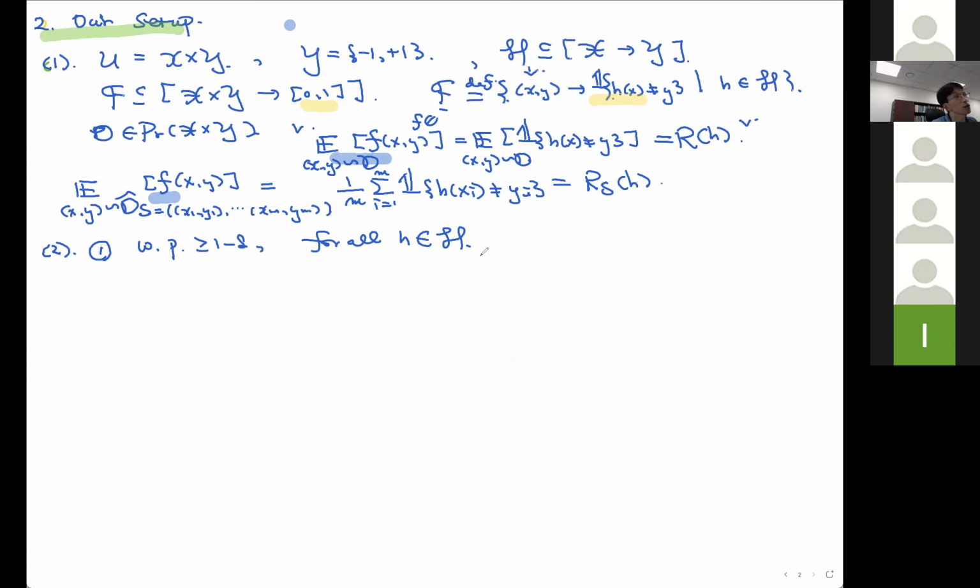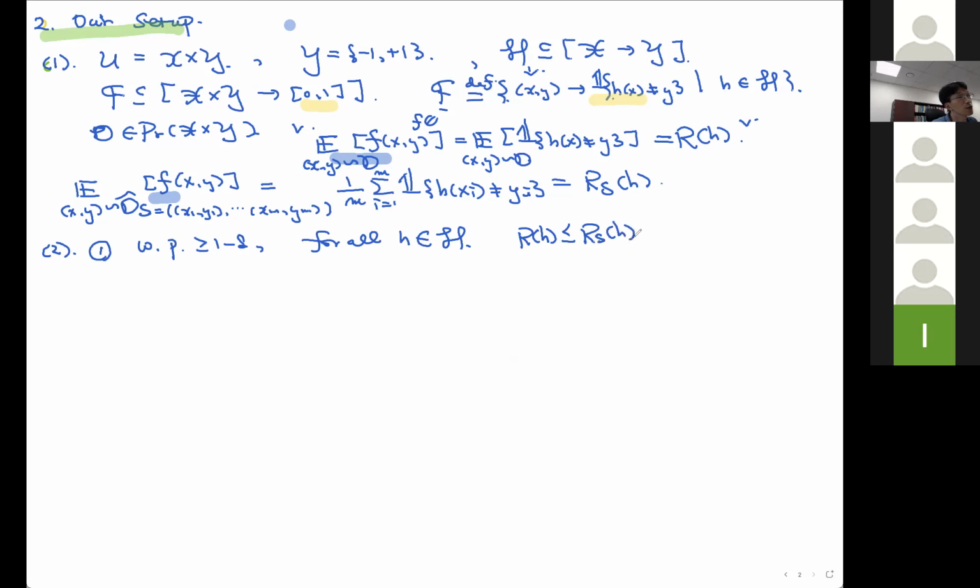Okay, so then the functions, and if you compute the expectation, that is going to be R of h, bounded by R S of h.